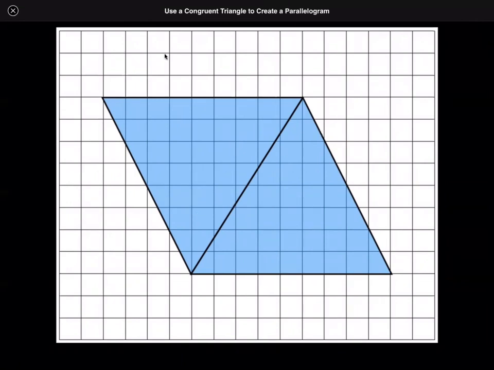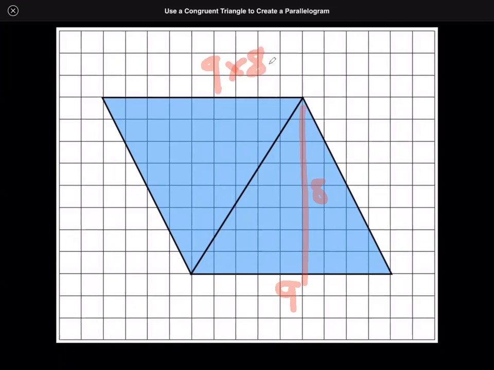So if we take a look at this triangle that we started with, we had that base of 9 and the height of 8. And so we did our 9 times 8, right?